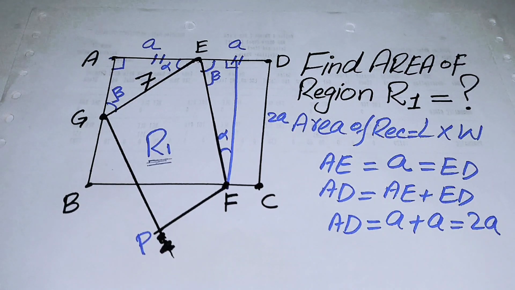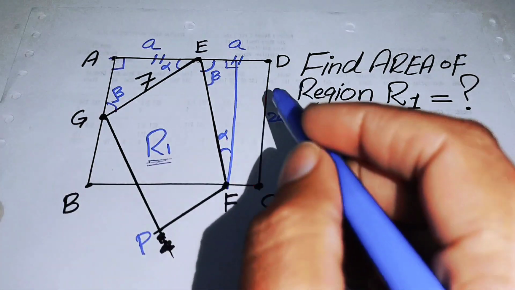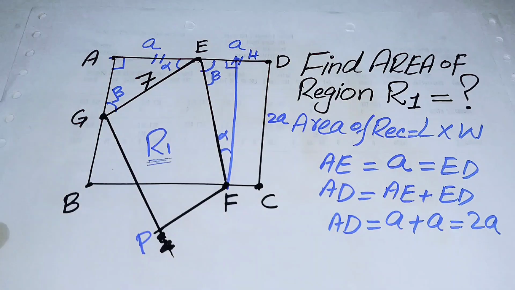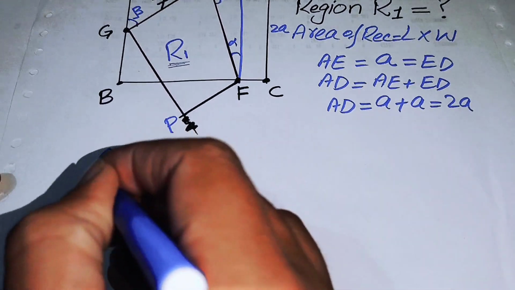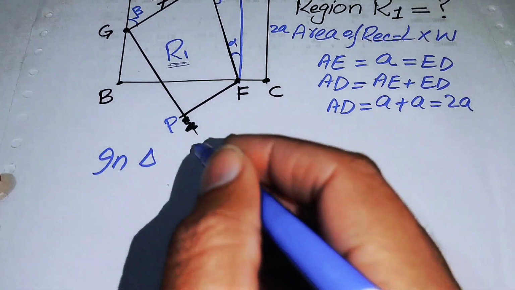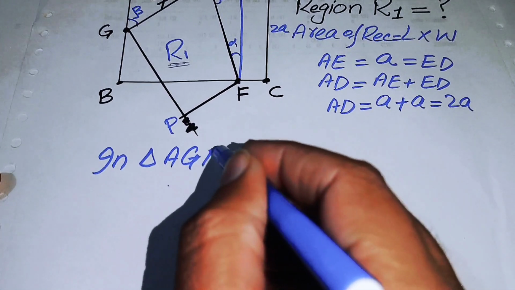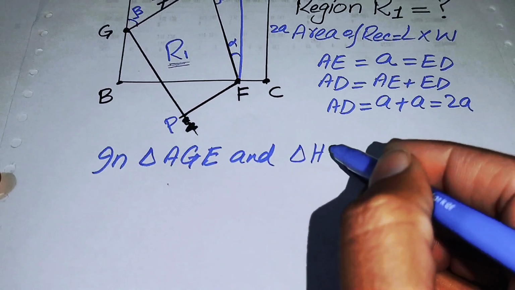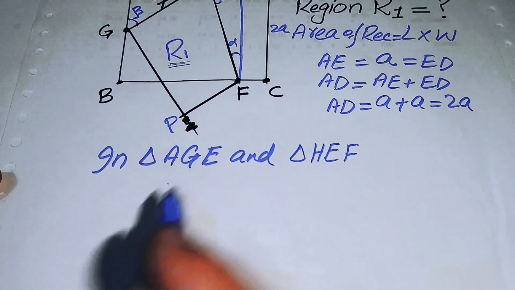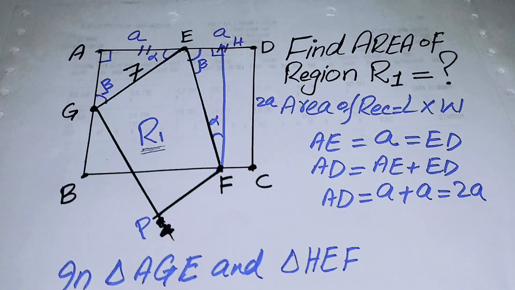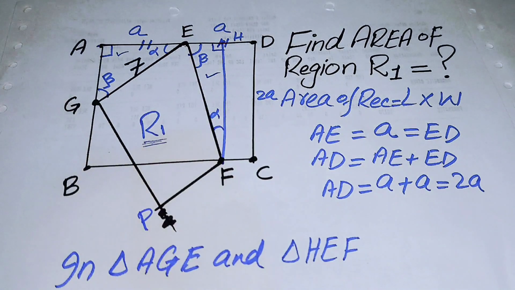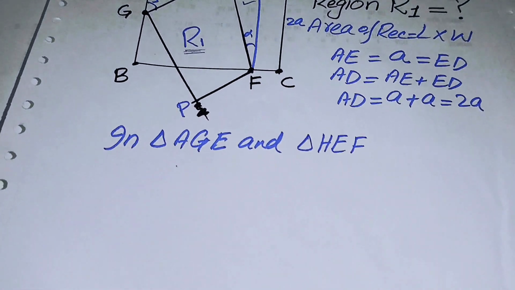Now if you focus on both triangles, AEG and the other triangle, we name this point H. In triangle AGE and the other triangle HEF, we see in the diagram that these two triangles are similar.